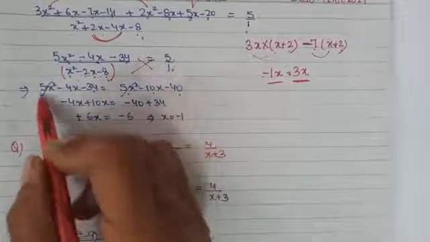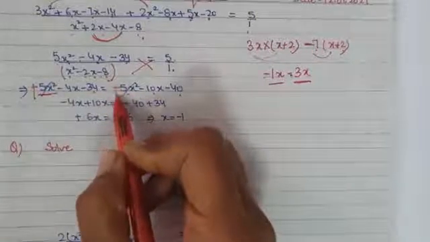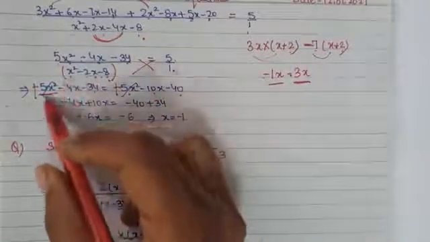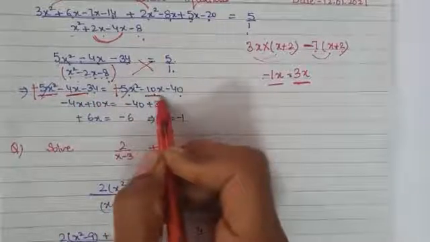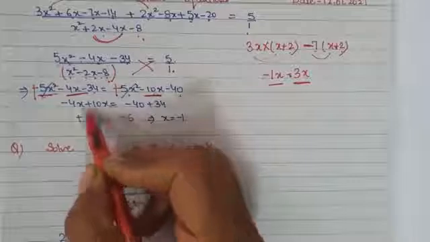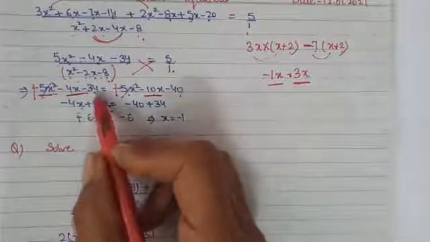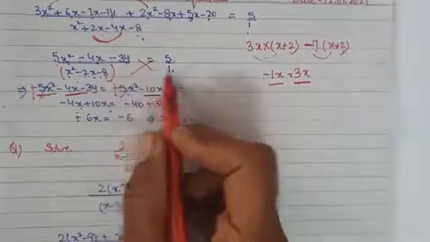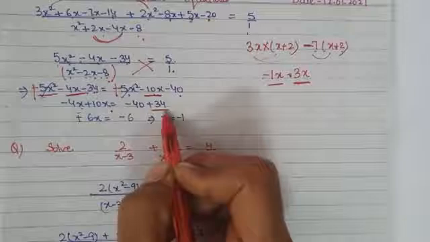Now see again, children, plus 5x square here and plus 5x square here, so cancel. Minus 4x minus 10x, we can combine them because they are like terms. Minus 34 will shift to that side and become plus 34.